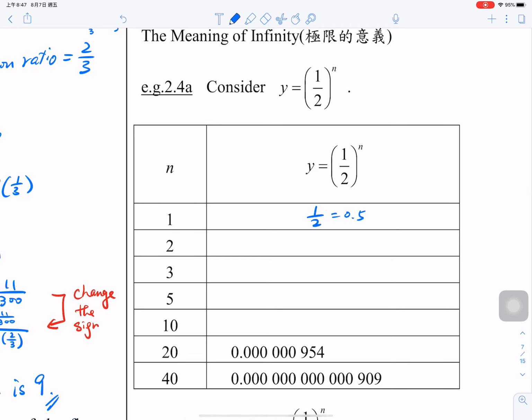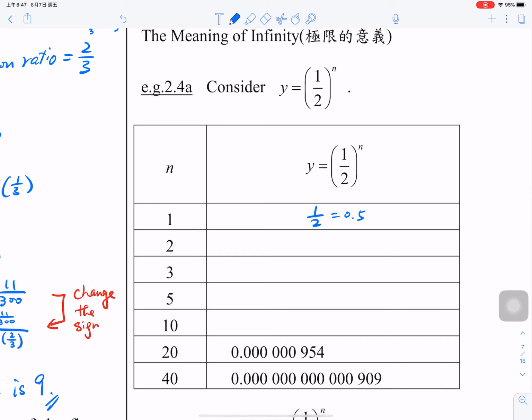How about n equals 3? 1 over 8, 0.125. This one, 1 over 32. Next, power 10, 1 over 1024. If 20, then up to this one. If 40, then up to this one.